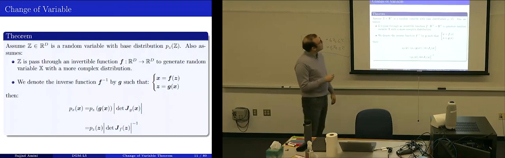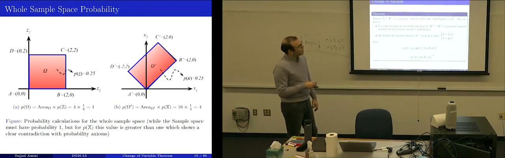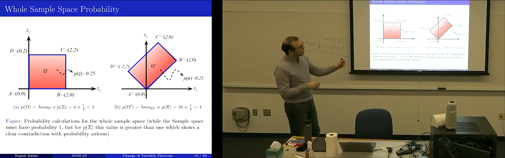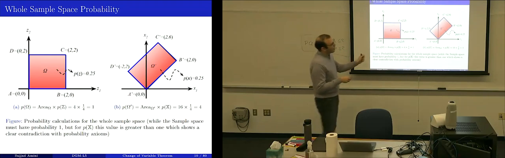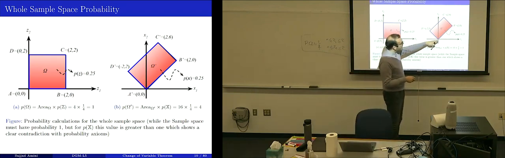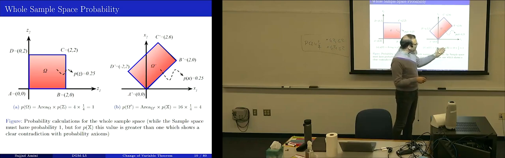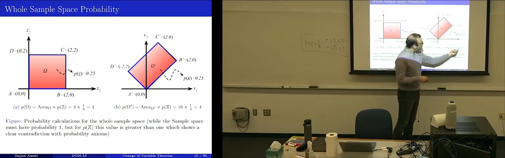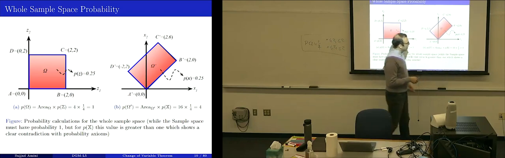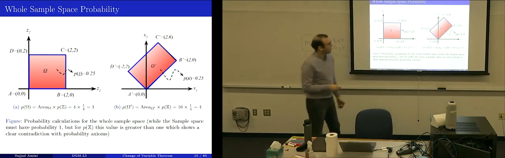The change of variable theorem tells us how to modify the PDF so that you can find the distribution in your new space. What is the suitable P of X in your new space? We know that 1/4 is definitely not the correct PDF in the X space.